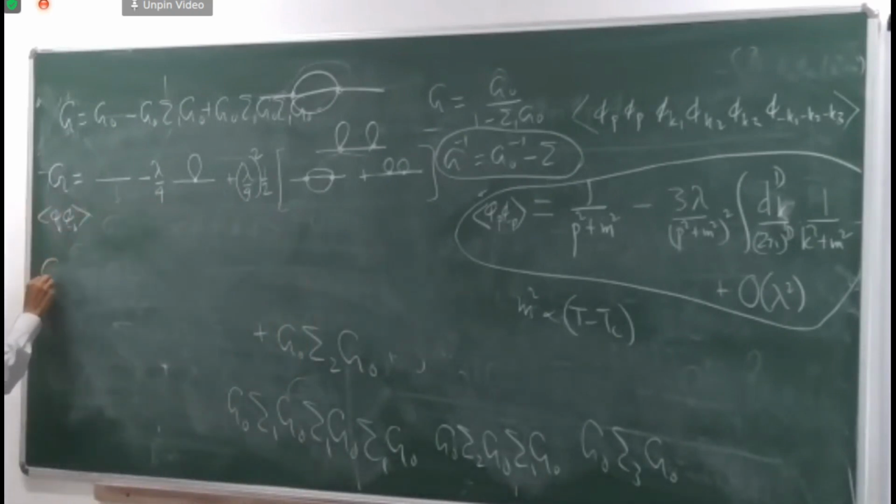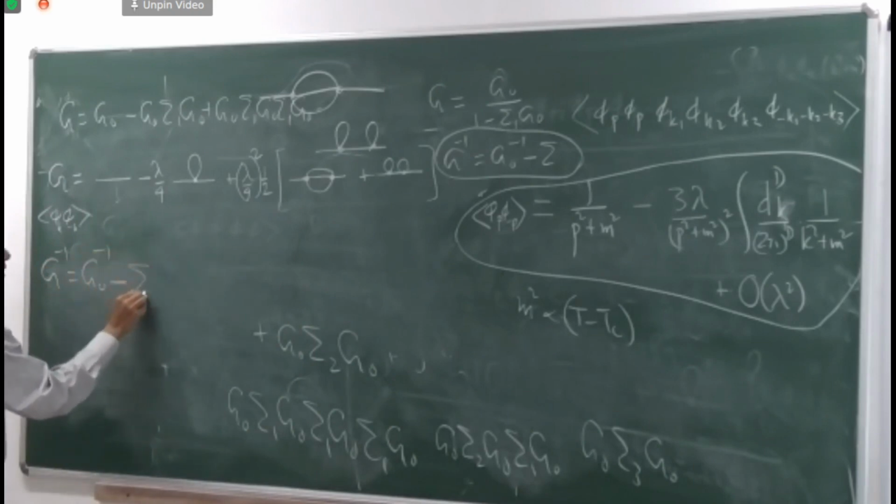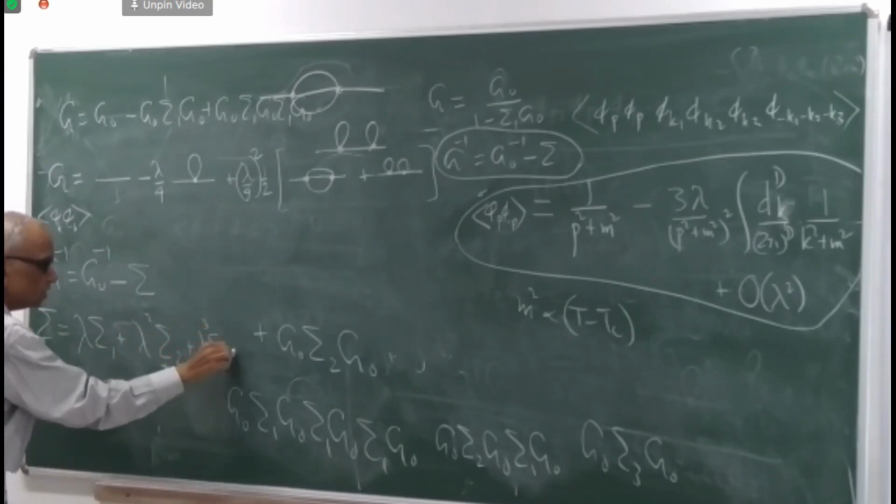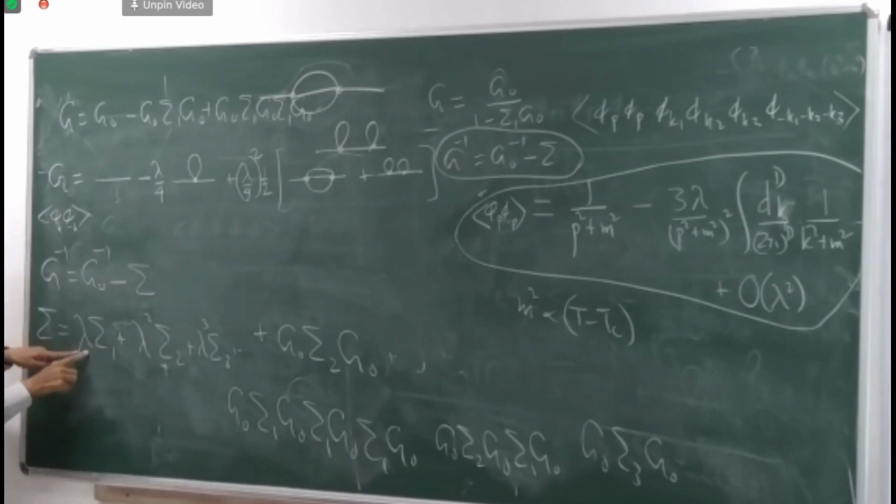G inverse is G0 inverse minus sigma, and sigma is a sum: it is lambda times sigma 1 plus lambda square sigma 2 plus lambda cube sigma 3, and so on. At every order lambda, this is the irreducible diagram as self-energy which cannot be cut.